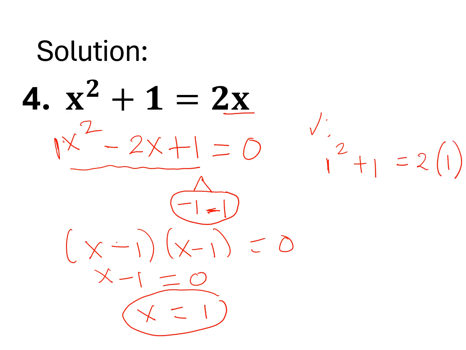Then 1 times 1 is 1, 1 plus 1 is 2, and 2 times 1 is 2. So, is 1 plus 1 equal to 2? Yes. So 1 is the root of the quadratic equation x squared plus 1 equals 2x.